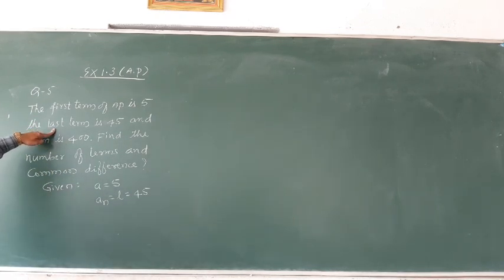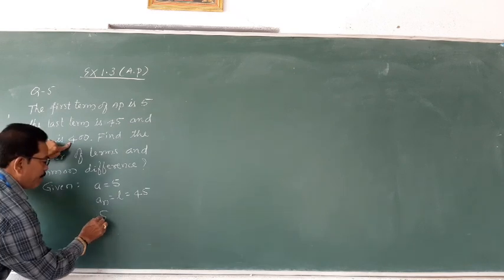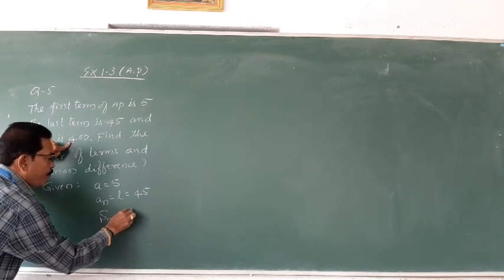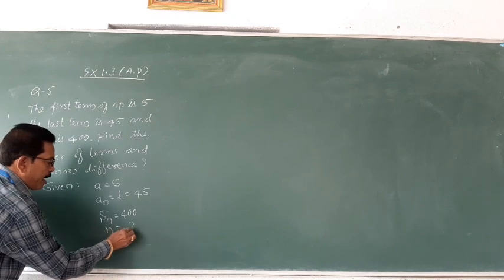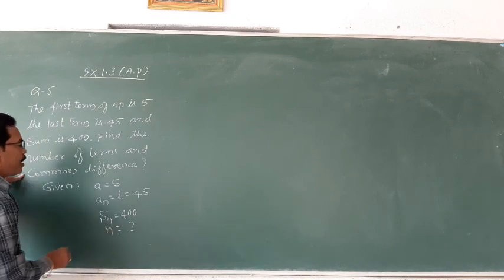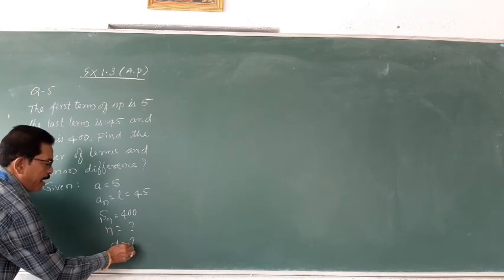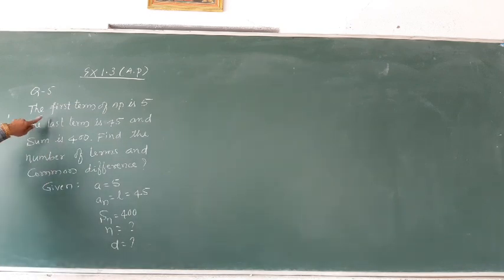And the sum is 400, Sn. Find the number of terms, n equals question mark, and the common difference, d equals question mark.